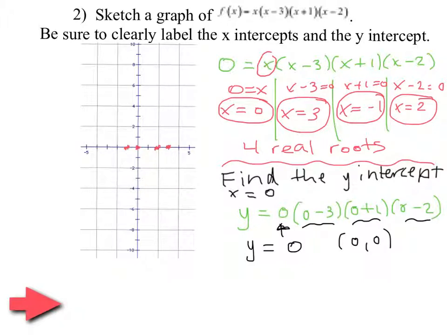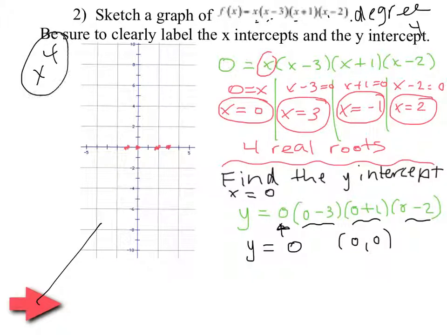Now this graph is a degree 4 polynomial, because you could see that when I multiply x times x times x times x, I'm going to end up with x to the 4. So an x to the 4 polynomial graph is some type of W shape where both directions are going up.